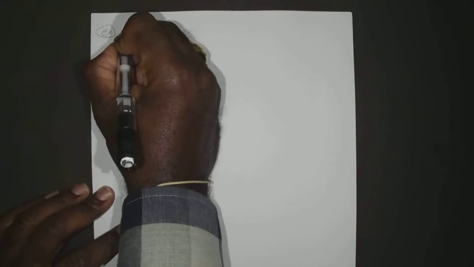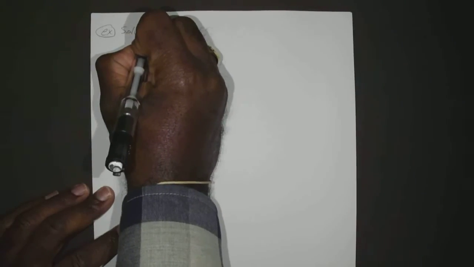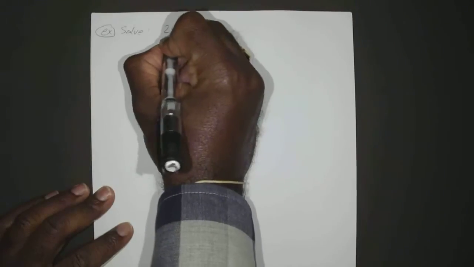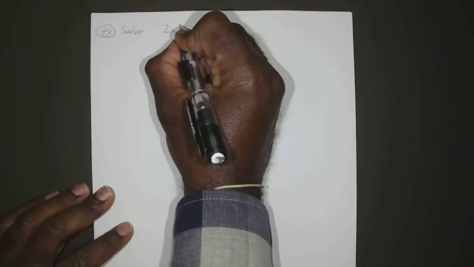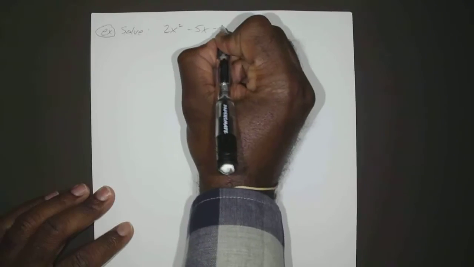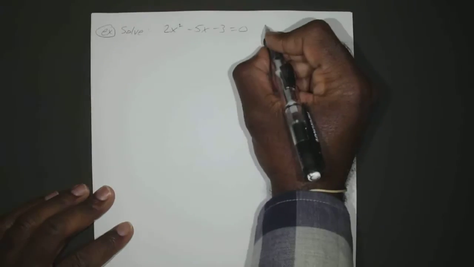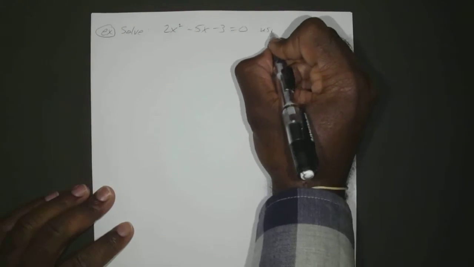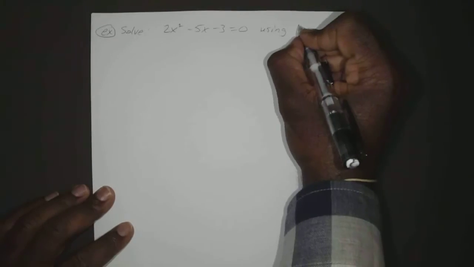Right, so let's do a couple of examples. Okay, so let's say we wanted to solve 2x squared minus 5x minus 3 equals 0 using the quadratic formula.